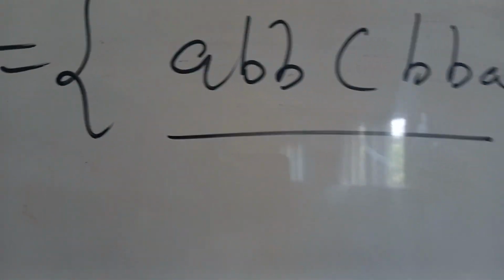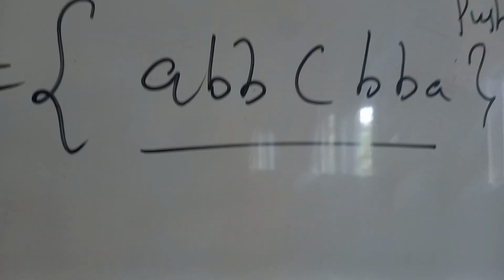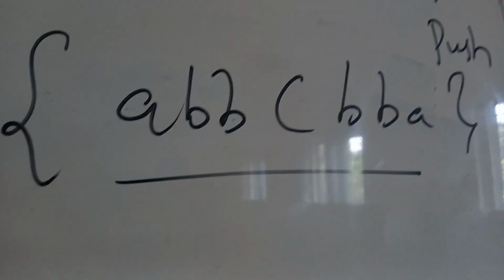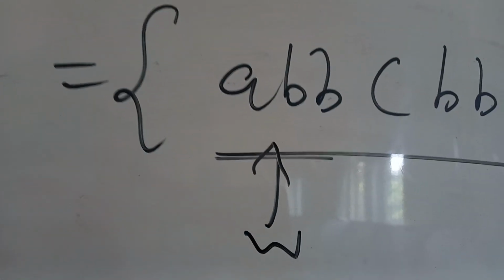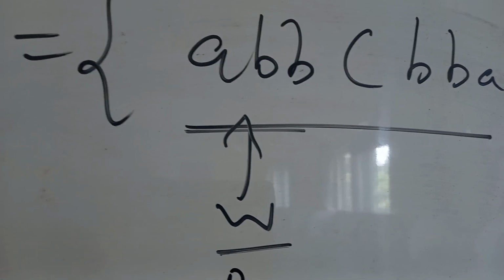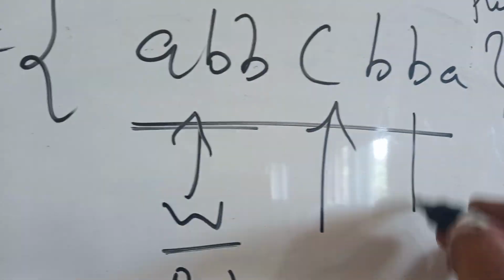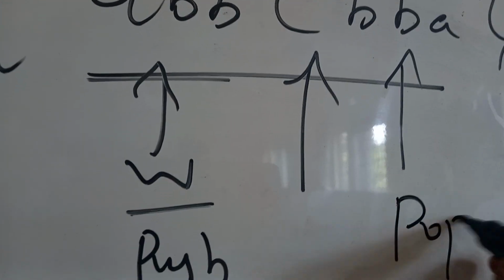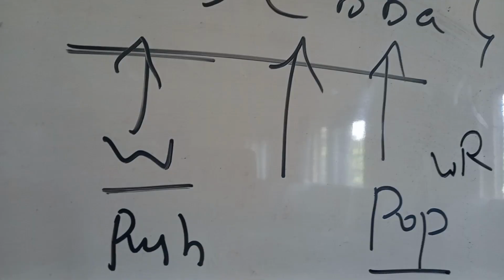I will consider the same string in order to find the palindrome of that string. Just now I told you, abb is nothing but W. For W we need to perform the push operation until we get the middle point C, and after that we will perform the pop operation. So the push operation is for W, and the pop operation is for W to the power of R.